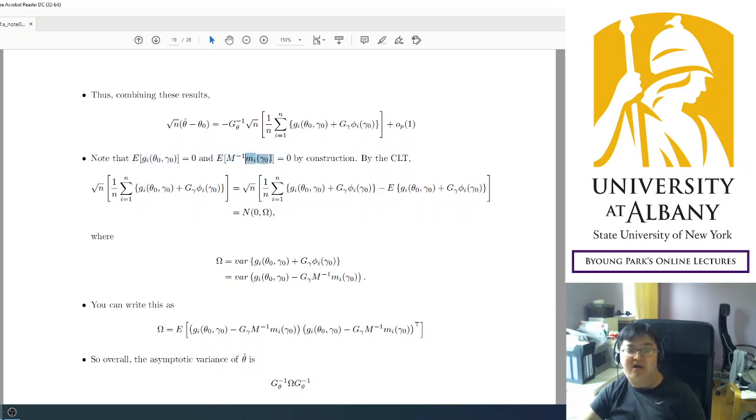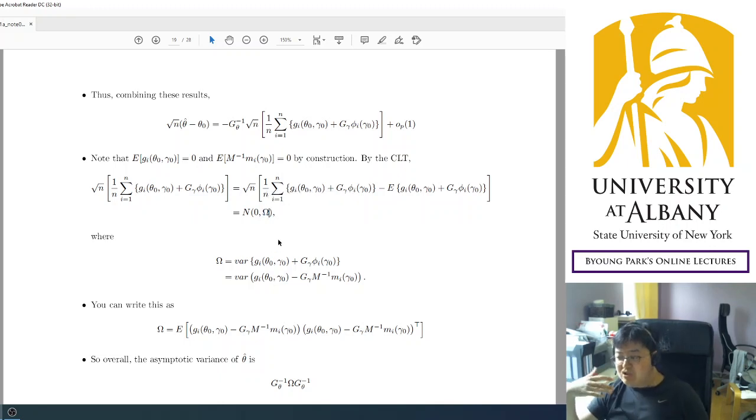Remember, it's about moment condition. And then apply the central limit theorem. Then you have this central limit theorem, this form where omega is the variance of this, right? The variance of this is the variance in the central limit theorem.